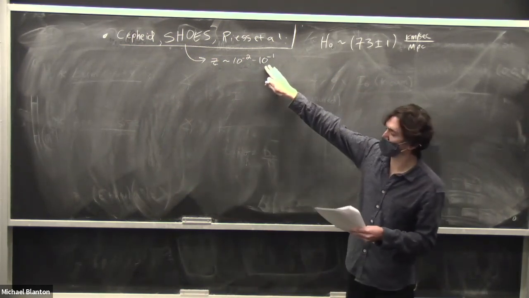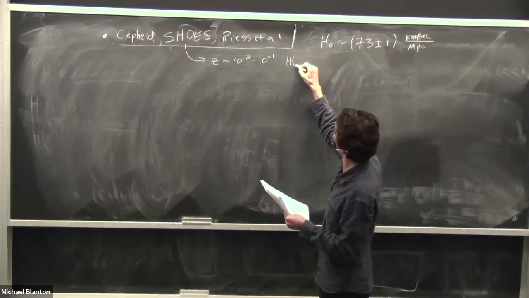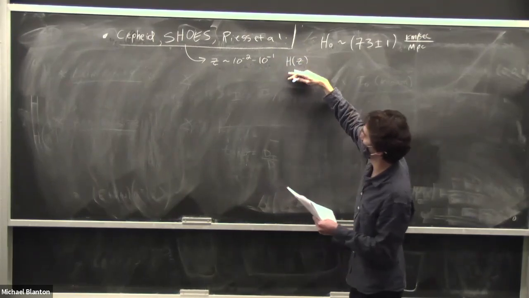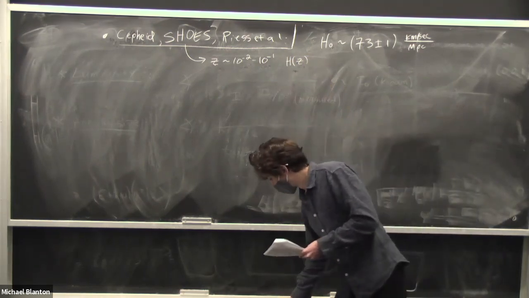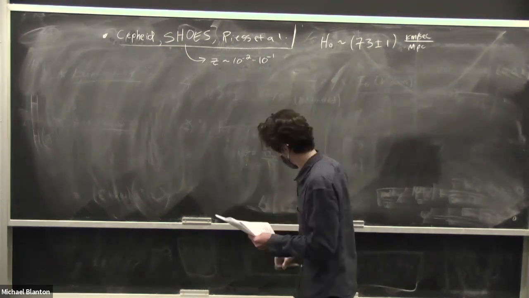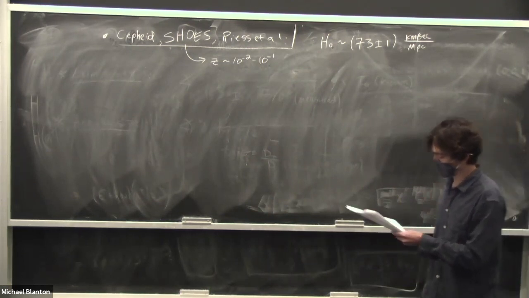If you go out to too large a redshift, there's some additional model systematic, and you're really measuring H of z, this integrated quantity, as opposed to just H naught. So you want objects that are close to you, but not too close, so that it's really the Hubble flow dominating the motion of these objects.